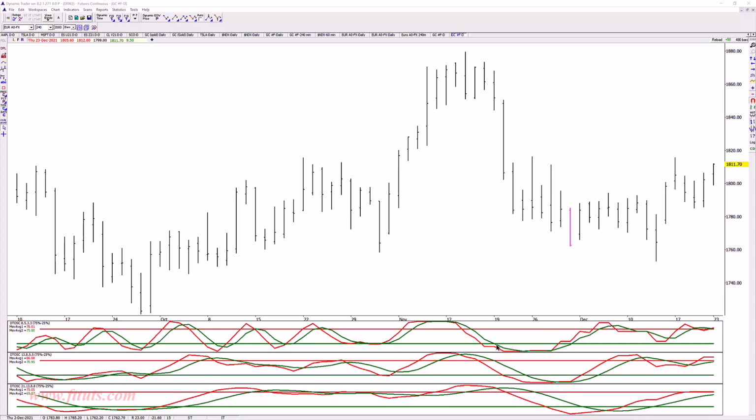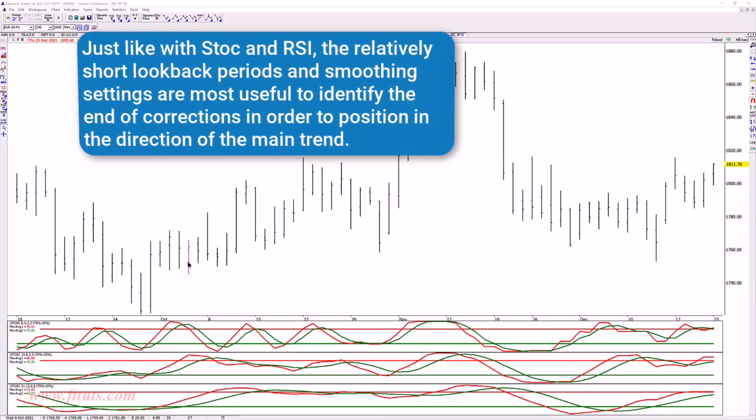We have to choose what are the best settings that are going to be helpful for us most of the time. And similar to when we looked at the stochastic and the RSI, the relatively short settings pretty much identify, pretty well at least, the fairly short-term cycles of these corrections, and it would be very helpful for us on its bullish reversals and the bearish reversals for a bear trend to enter at the end of a correction.